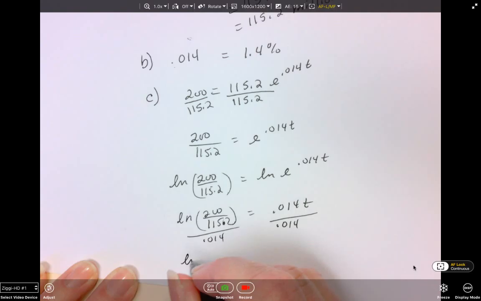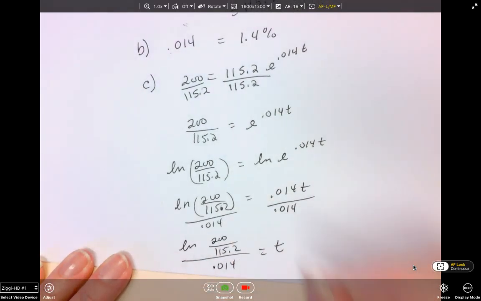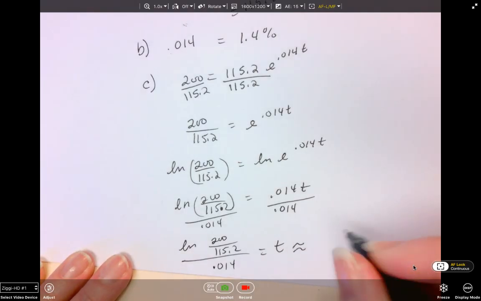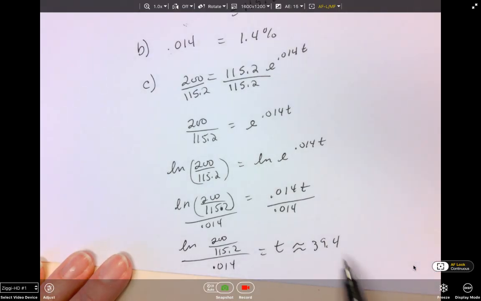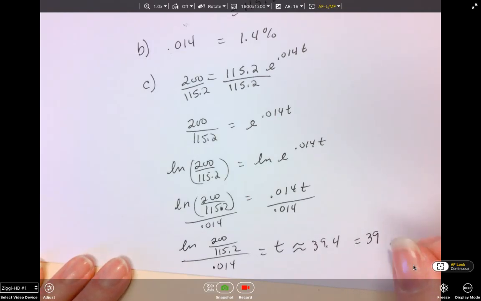So that means we have the natural log of 200 divided by 115.2, divided by 0.014, is equal to t. When we plug that into our calculator, we will get approximately 39.4 years. Well, usually we like to just keep it at a whole number, so this will be 39 years.